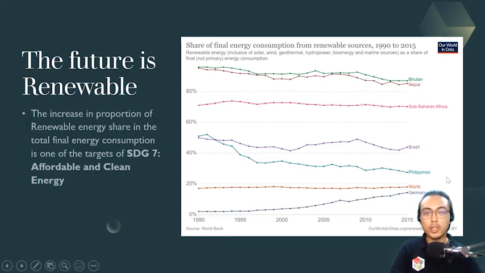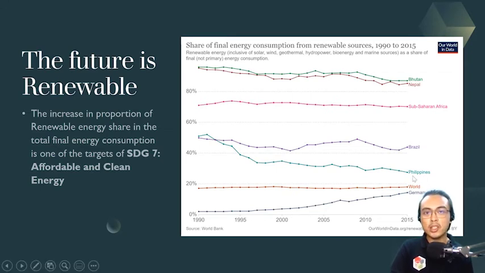That's because up to this day, we are still inaugurating new coal-fired power plants to boost our energy generation. Couple that with the slow growth of renewable energy in our country, and the percent share of renewable energy in our country would be expected to continuously decrease as we add more and more coal-fired power plants.